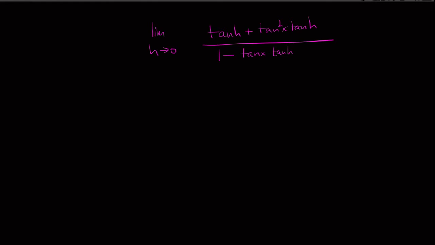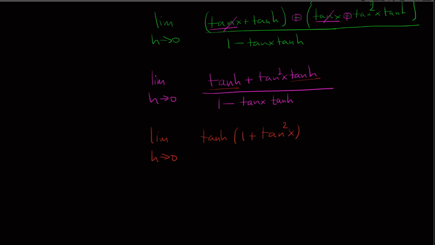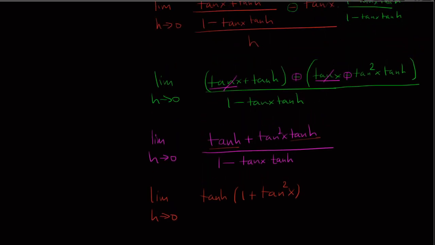We have tangent h in both of these terms, so we're going to factor that out. We're left with 1 plus tangent squared x. And here I accidentally dropped the h, so let's put it back in.